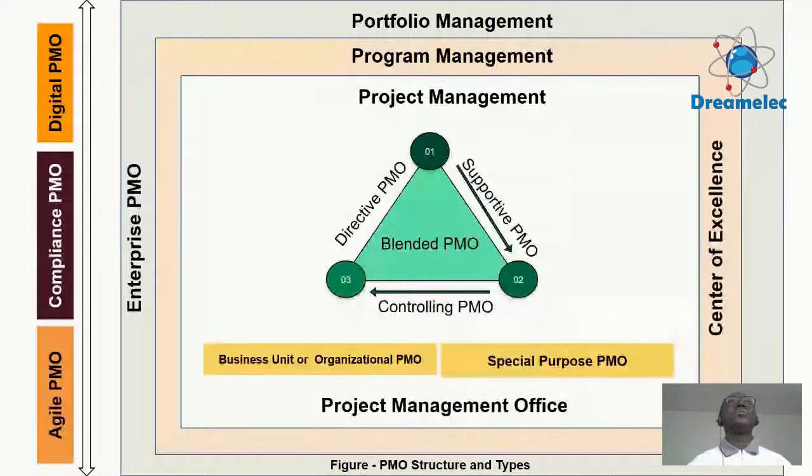And depending on the scope, depending on the footprint, we may have different names, right? If the PMO is within a department, if the PMO is within a subdivision, we may call it business unit PMO or organizational PMO.